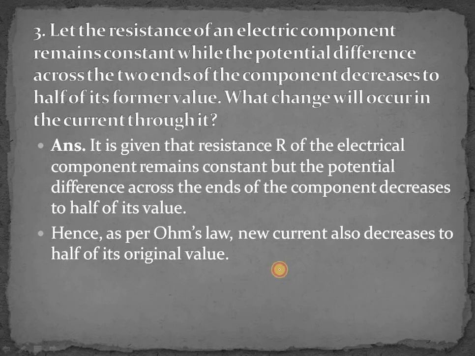So we know from Ohm's law that V equals IR. Now from this what we get is I as V over R. Now R is unchanged, V is half, the potential is halved. So it will be V over 2R.